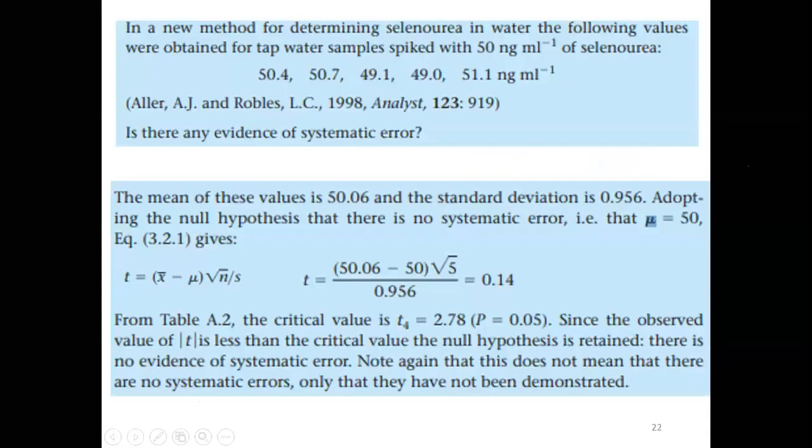From the question, we have to find the number of degrees of freedom by determining the number of samples. For this particular question, the number of degrees of freedom is 4. Therefore, go to 4 here.